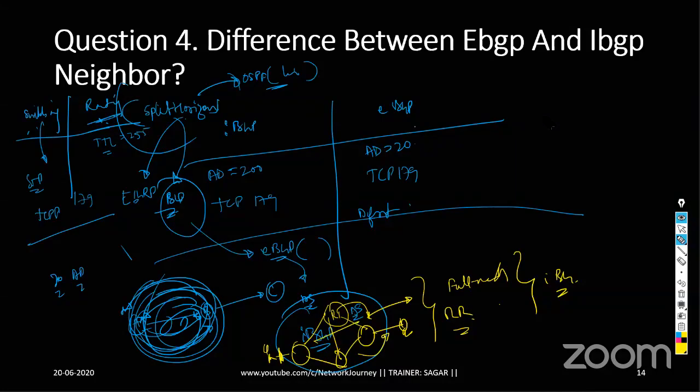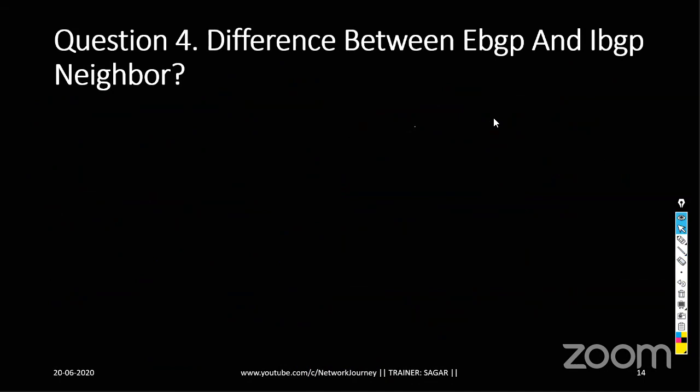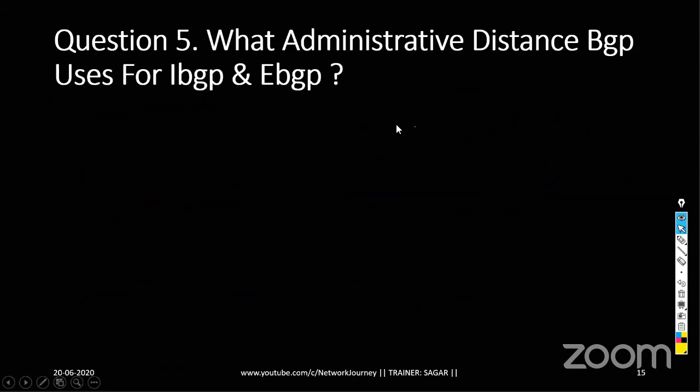Route reflector is a concept where we select one BGP router as a server, and this server will be connected to multiple clients, and all of them talk to the server, and the server will be talking back to the clients. Okay, client and client will not talk to each other. Fine. So that's a little bit on eBGP and IBGP.